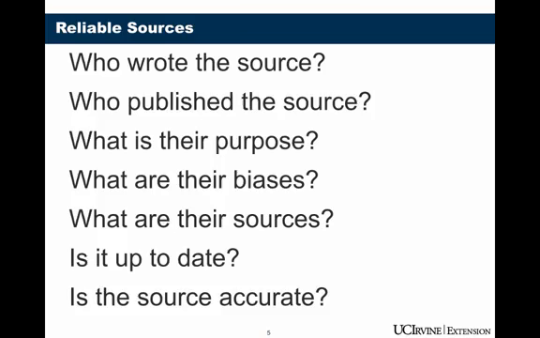You'll also want to know where they got their information. What are their sources? These are all things to be aware of when you're using a source. You don't want to accidentally use a source that was written by maybe a teenager who was just playing a joke and pretended to write something that was professional.